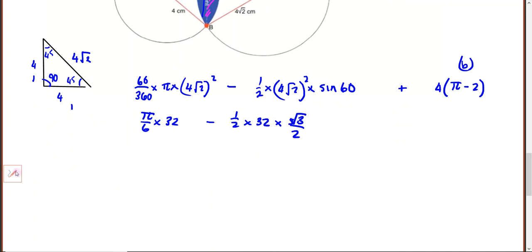Yeah. And then it's just a case of simplifying it. So we leave it as 32 pi over 6 minus 16 times root 3 over 2. Well, that's 8 root 3. And we have to add 4 pi minus 2.